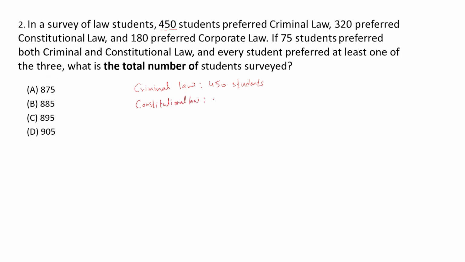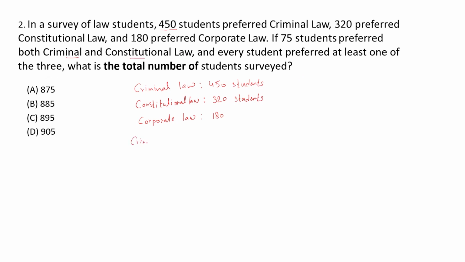How many students are interested in constitutional? 320 students. Third one is corporate law. How many students are interested in corporate? It is 180, right? Now, 75 students preferred criminal and constitutional both.